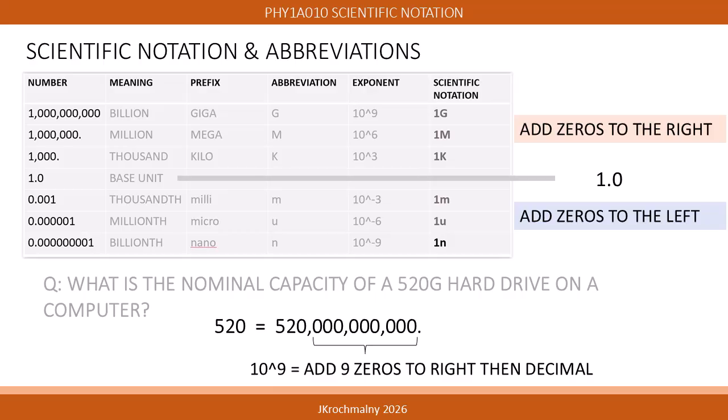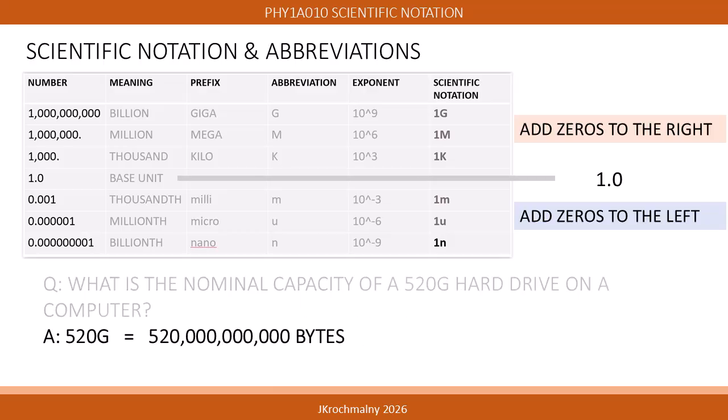Adding these 9 zeros to the right of the root number of 520 results in the number of 520 followed by 9 zeros, indicating billions. Since 520 billion is just a number, we have to apply this value to some quantity. In this case, the 520 billion is the amount of bytes of memory storage capacity.